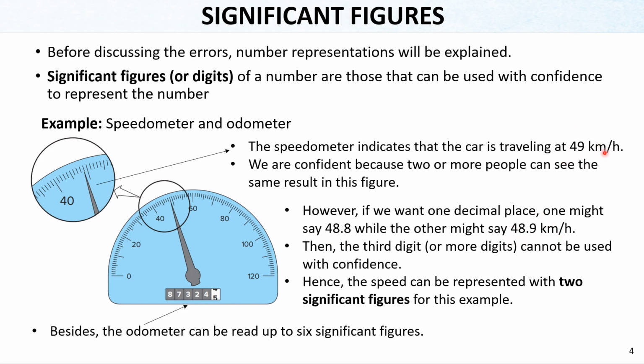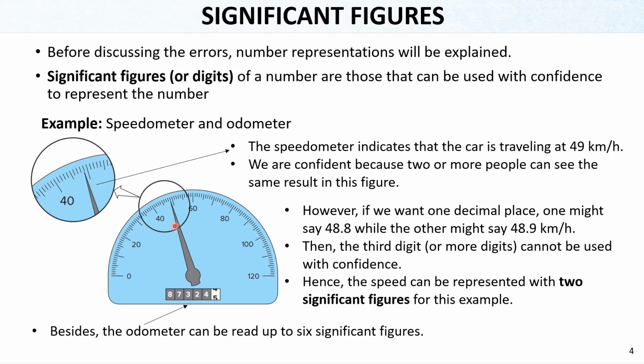So the 49 is the value that we see confidently. We can easily say 49, but we can also say 48.9. This kind of confidence gives us the number of digits that we show to represent this speed value, and these digits are the significant figures that we can write down about this speed.